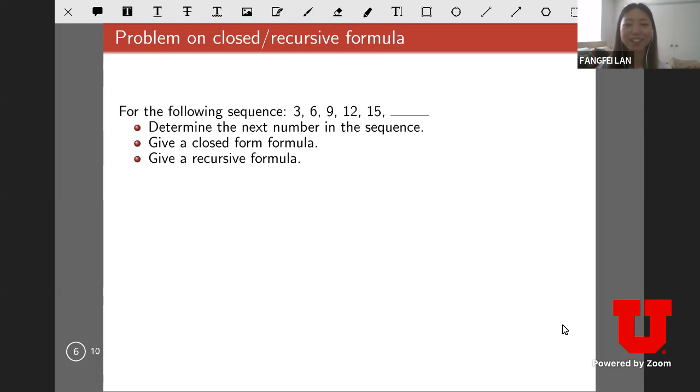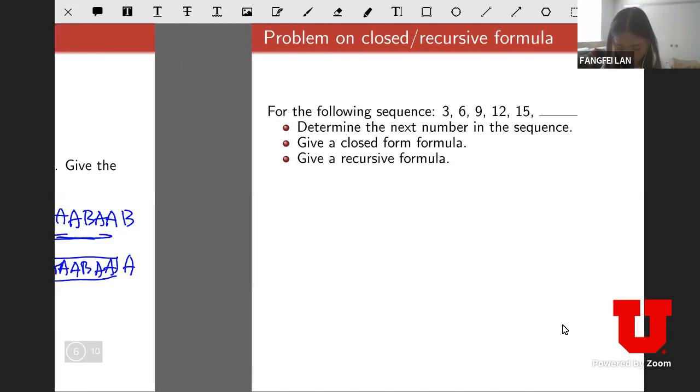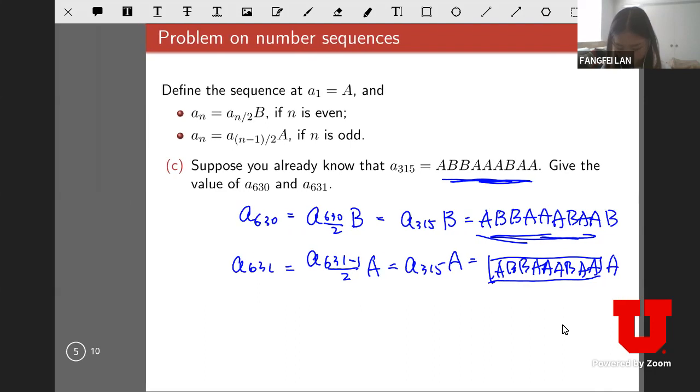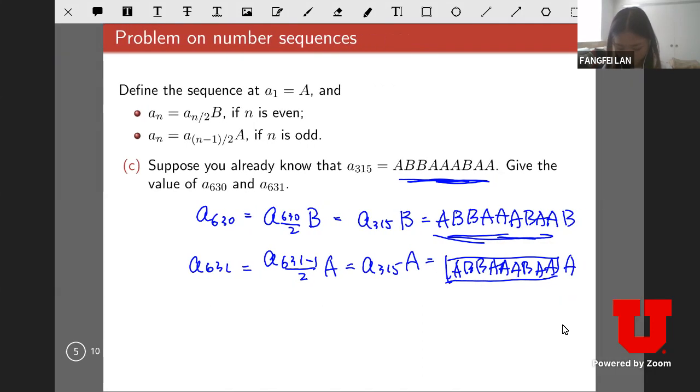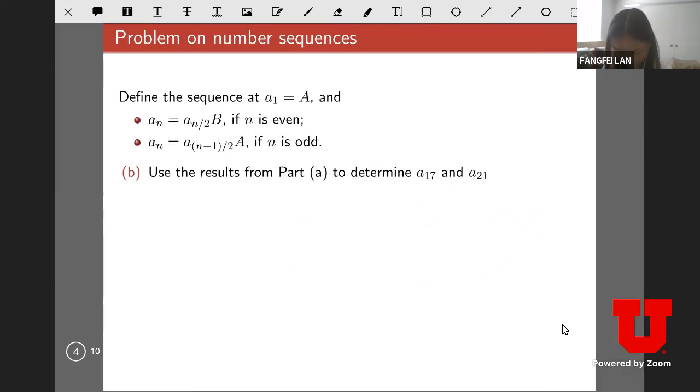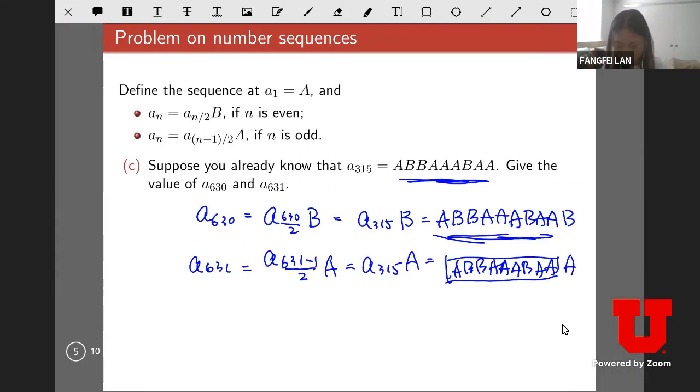That's good. So it says, could we find the closed form for the previous one? You probably could, but the problem is that because there are no numbers, it would be hard to express it.